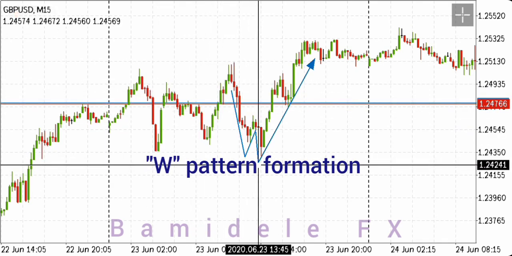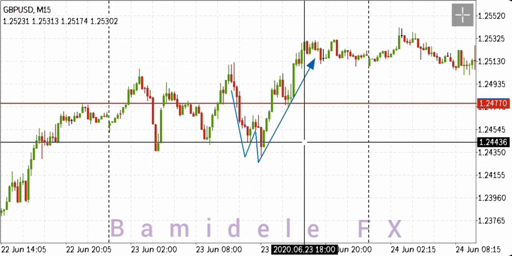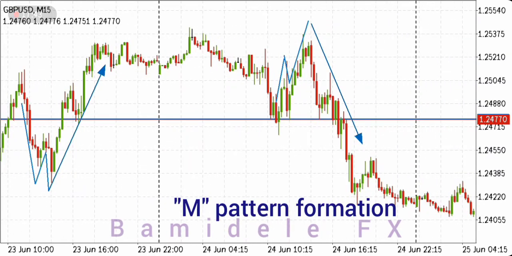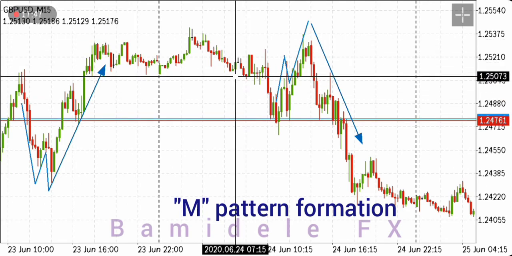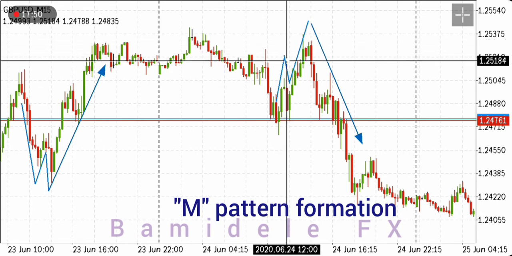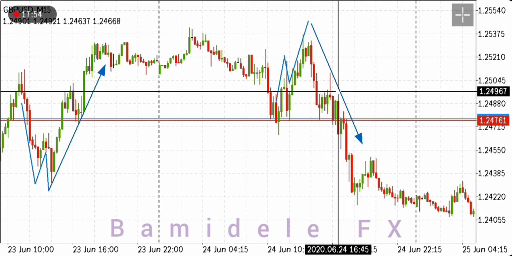As soon as the New York session happens, it usually reverses up the opposite way. The M formation happens when the market breaks with a buy, and reverses down the opposite way.